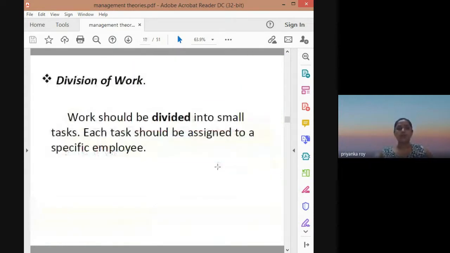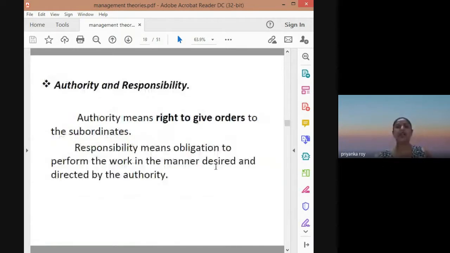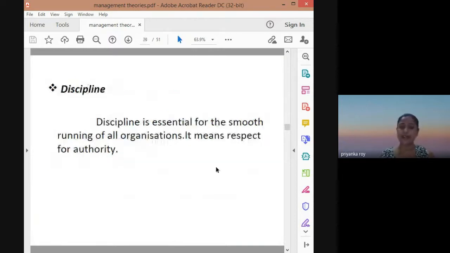When we talk about division of work, the work should be divided into small tasks and it should be decentralized. Authority should be given in the right order, and obligations performed in the right manner and desired directions.